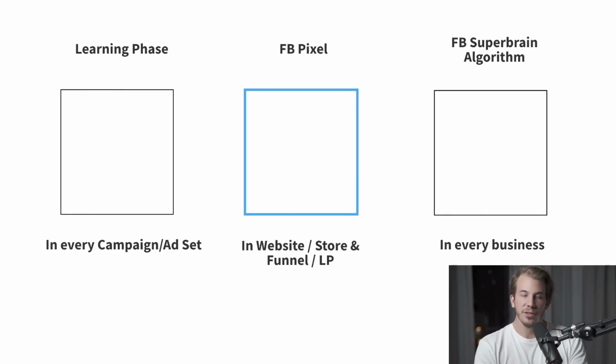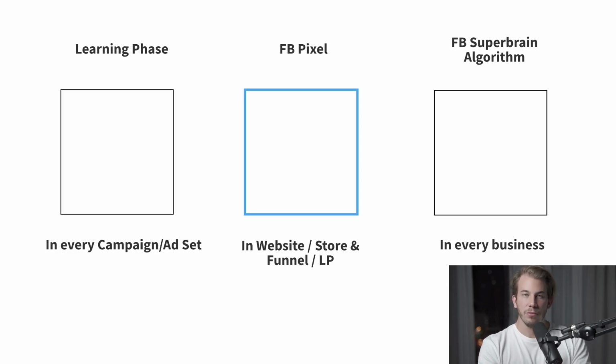So mainly the reason boils down to the way your pixel and your learning phase interact with one another. Because if you go into your Facebook Ads Manager and you launch a conversion campaign, it always asks this question: what should be your defined event, your conversion event, your goal?